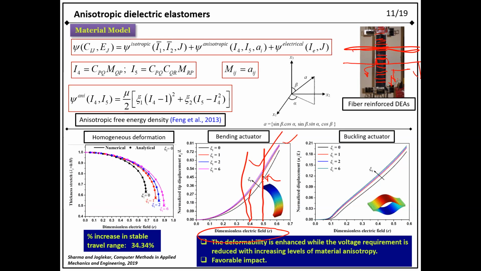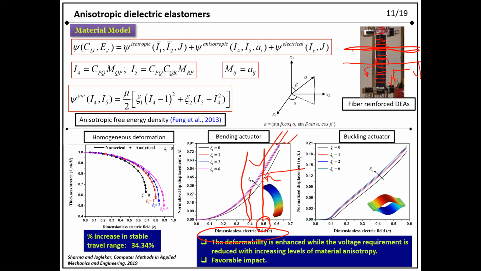Okay, so we can say that for the same fixed value of applied electric field, we will be having the large deformation in the anisotropic actuators, or the anisotropic dielectric elastomer material.